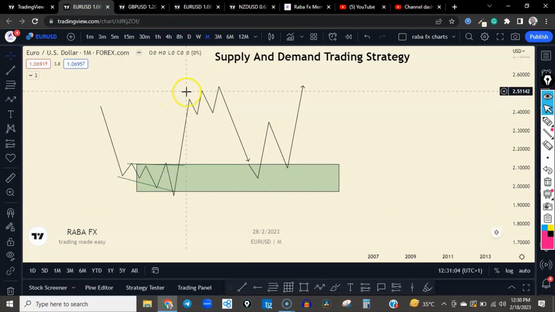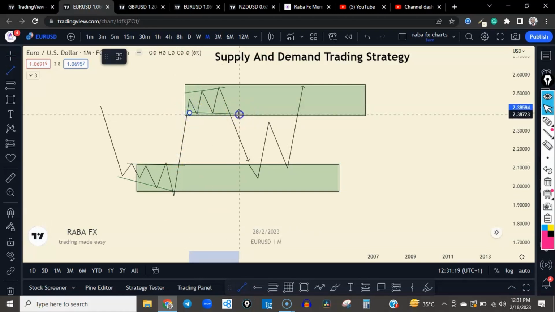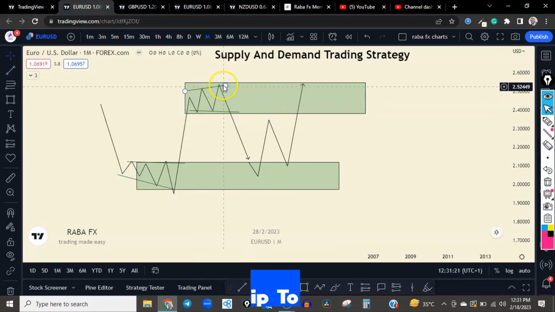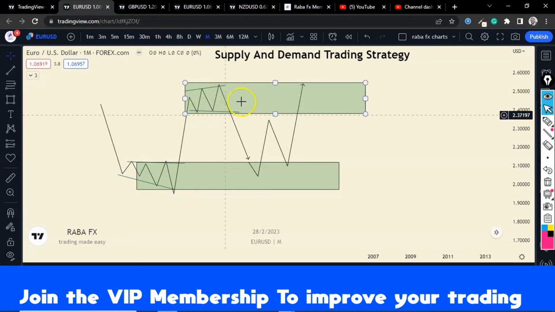On the opposite end there is what we call distribution. Distribution is simply the manipulation of the highs and the break of structure to the downside. What it simply means is that smart money has accumulated enough position to push the price lower, thereby creating supply at this region.